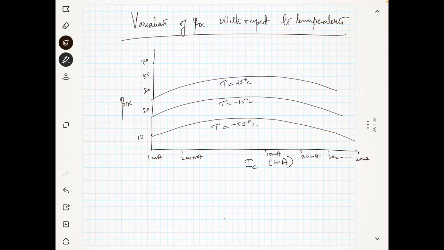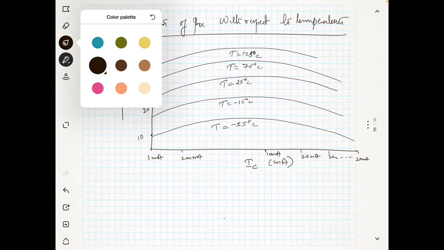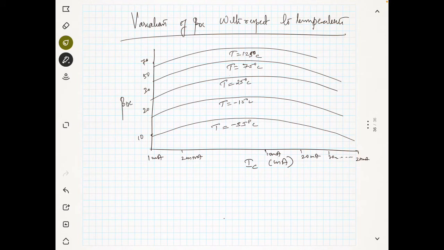This is at 25 degrees Celsius, this is at 75 degrees Celsius, and this is at 125 degrees Celsius. You can see that as the temperature increases, beta DC is also increasing.